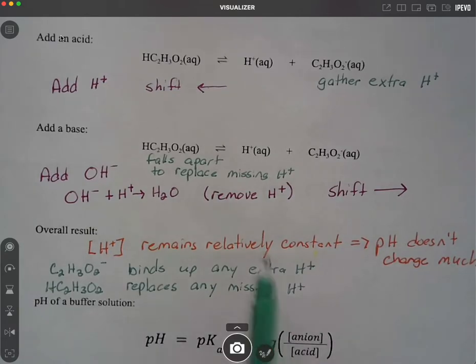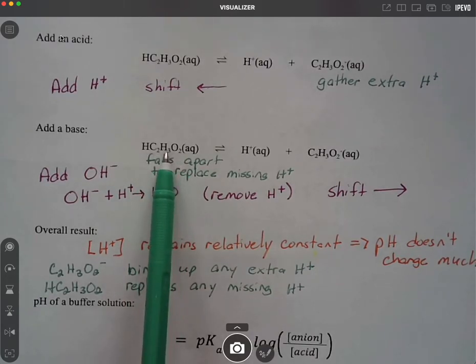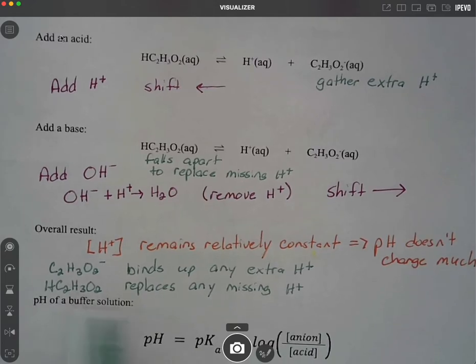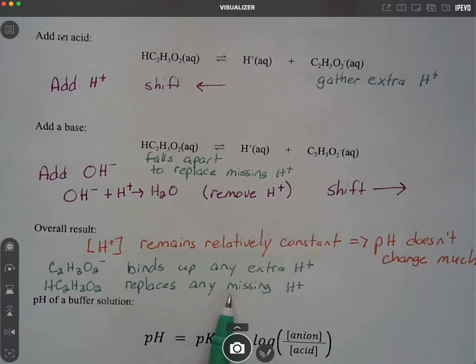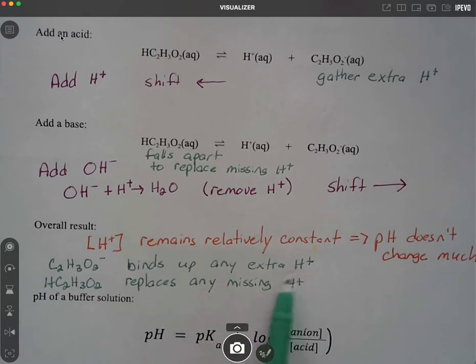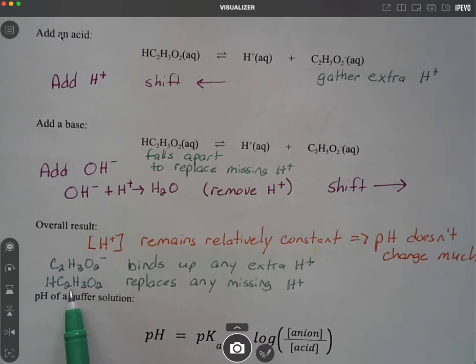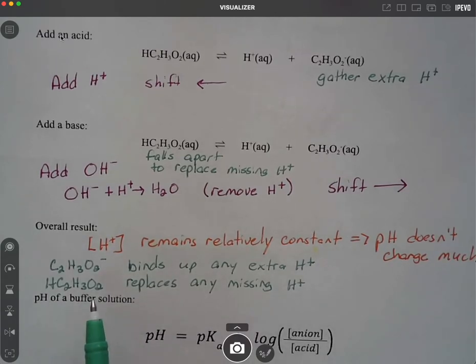Because remember, in the beginning, we set ourselves up to have lots of this. So we had plenty of that if we needed to replace any missing hydrogen. So as you added the base, it started to eat up the hydrogen. These just started to fall apart to replace the hydrogen as it disappeared. Or if you add acid, there's too many H positives.